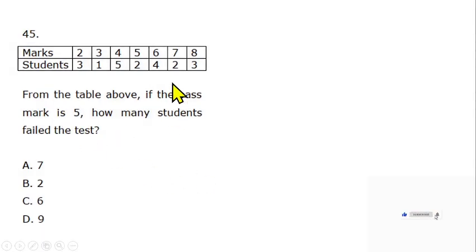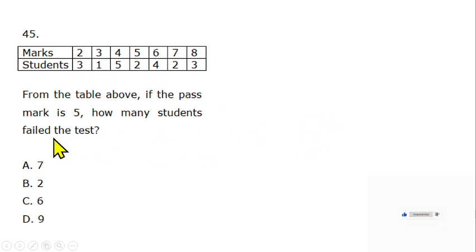Question number 45 is from statistics. We are told that from the table, if the pass mark is 5, how many students failed the test? So the pass mark is 5, which is this 5 as the pass mark. So that means from here upward, from 5 to 8 they pass. So that means from 4 to 2 they failed.